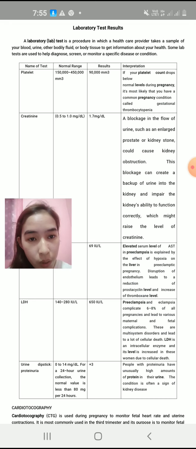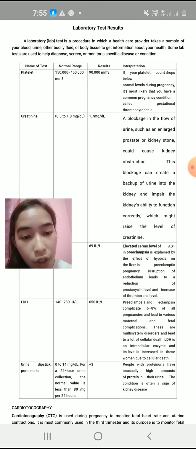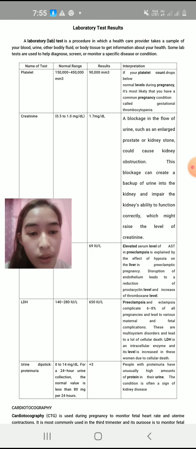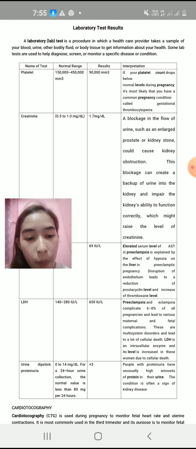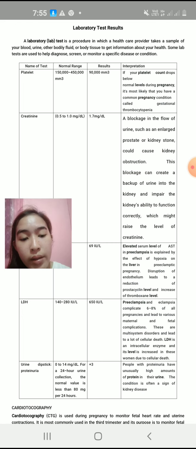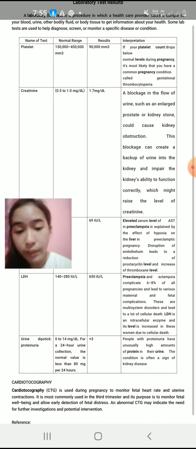And then the interpretation is a blockage in the flow of urine such as an enlarged prostate or kidney stone could cause kidney obstruction. This blockage can create a backup of urine into the kidney and impair the kidney's ability to function correctly, which might raise the level of creatinine.